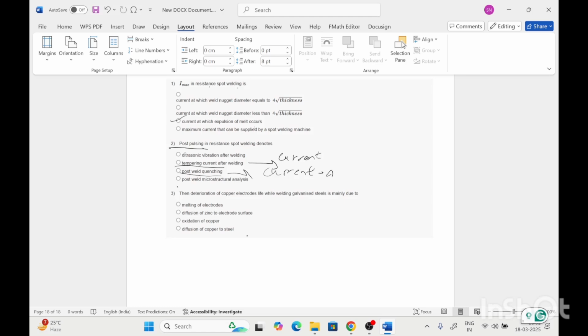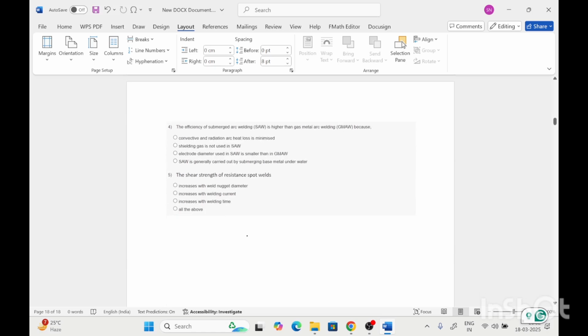Okay. Next question: deterioration of copper electrodes while welding galvanized steels is mainly due to diffusion of zinc to the electrode surface, yes, because galvanized steel has a zinc coating.